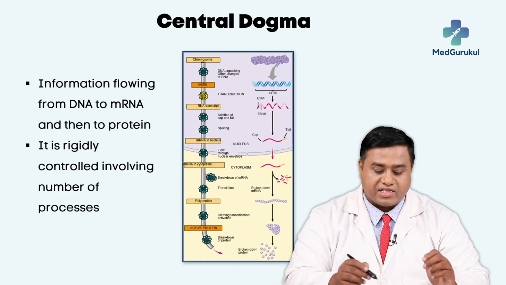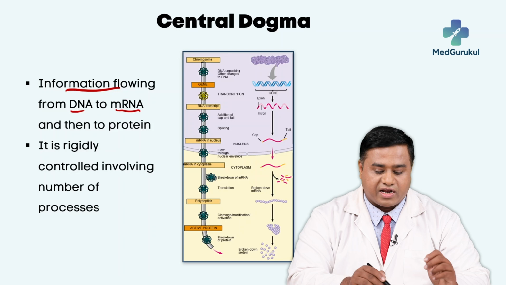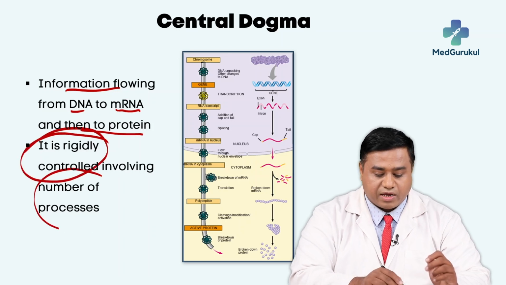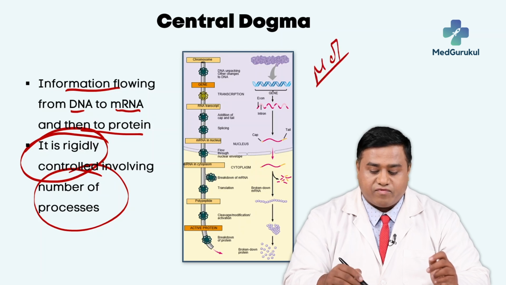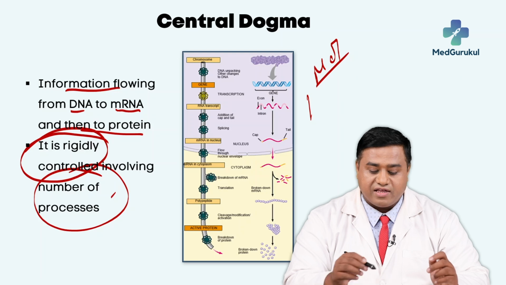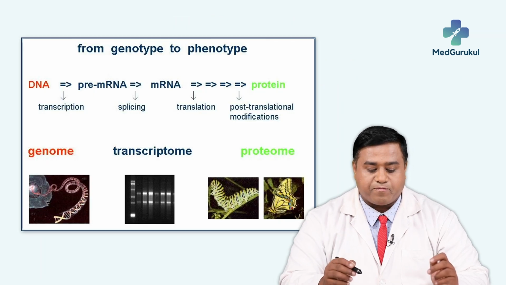So, in central dogma, there is information flow from DNA into mRNA and then into protein, and it is rigidly controlled by a number of processes. And in molecular techniques, we will understand all those processes where this central dogma can be exploited for our benefit.